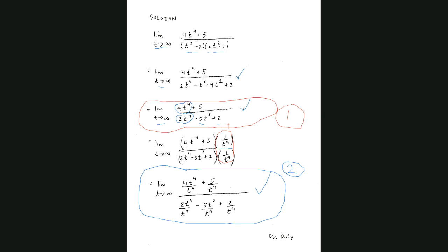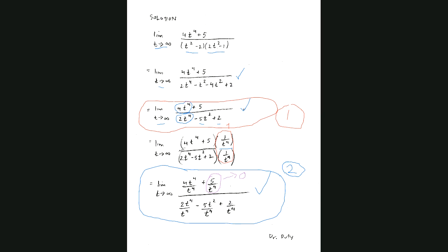As t goes to infinity, what's 5 over t to the fourth going to go to? What does this have to go to as t goes to infinity? Rodrigo likes 2. I mean, what does it have to go to? Has to go to 0. Okay. What about 2 over t to the fourth?